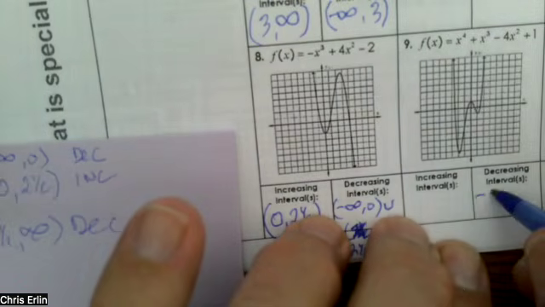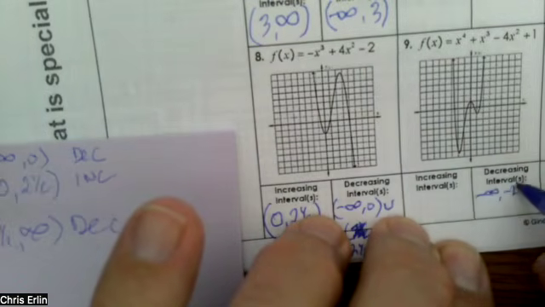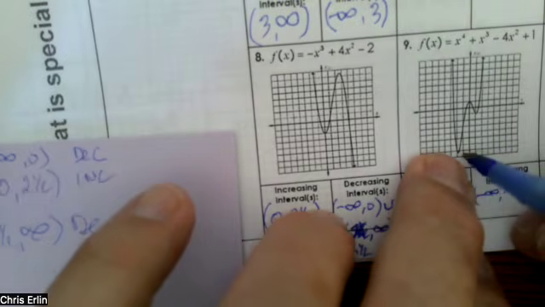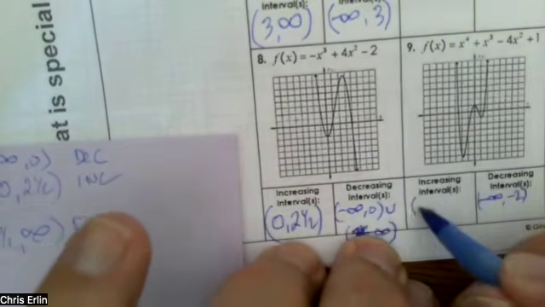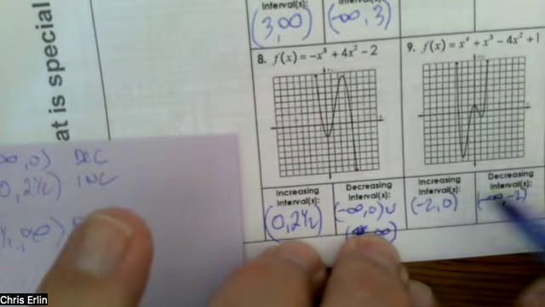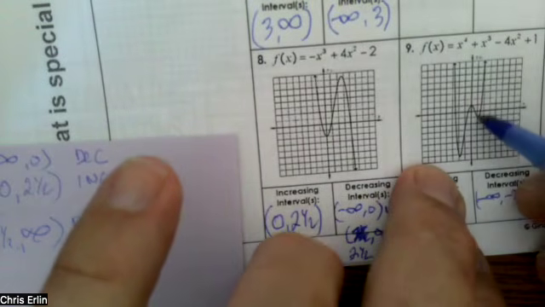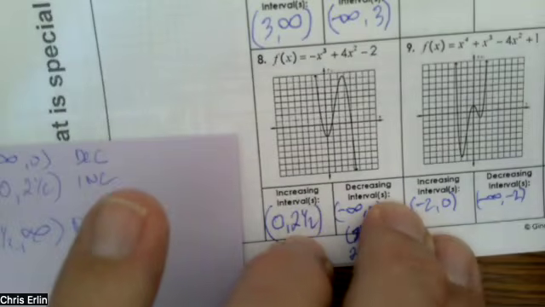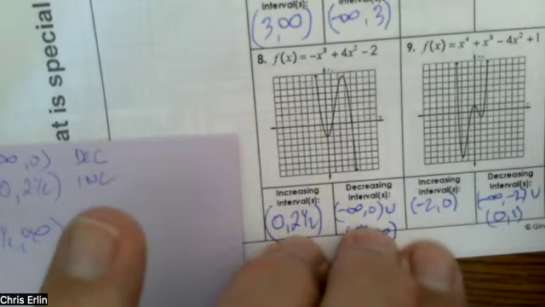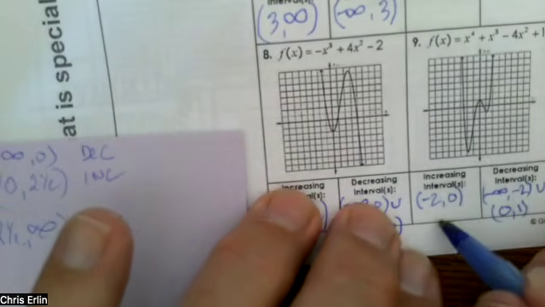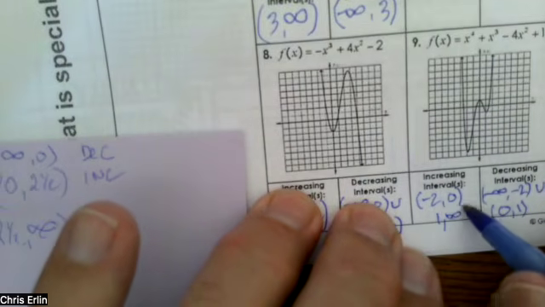So I'm going to say negative infinity to -2 is decreasing. Okay, from -2 up to 0, what happens? Good. -2 to 0 is increasing. From 0 to 1, what happens? Decreasing. And union between those. And then from 1 onward, increasing.